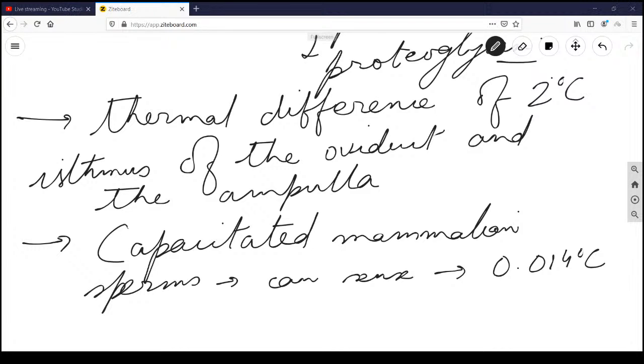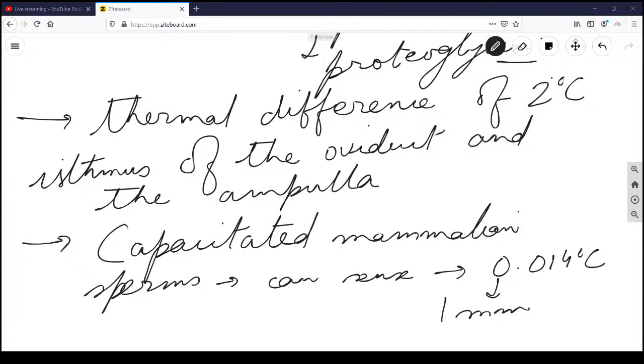So you can think of how great that is, how enthralling and amazing that is. Over a millimeter, the distance must be over 1 millimeter, they can sense 0.014 degrees Celsius of thermal gradient.